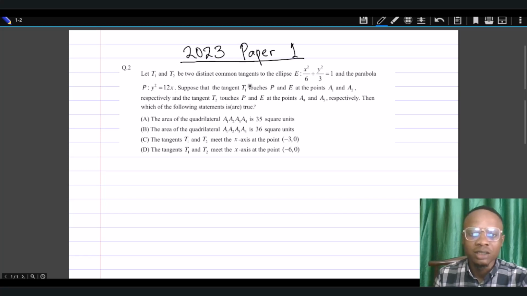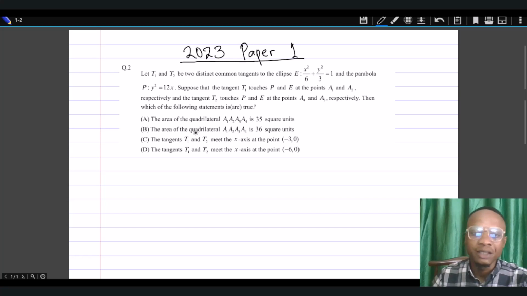Suppose that the tangent T1 touches P and E at the points A1 and A2 respectively, and the tangent T2 touches P and E at the points A4 and A3 respectively, then which of the following statements is or are true? Again, like the first problem, this also may have up to 2 or 3 correct options. Okay, so we'll find out which of the options are correct as we proceed.